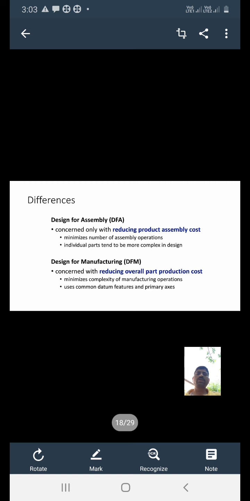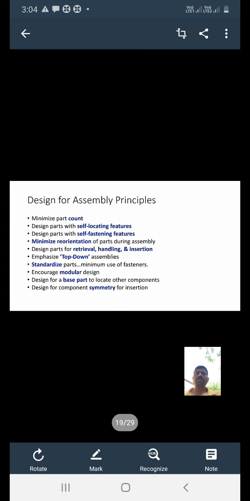If any operation is complex, then you can minimize the complexity with the help of different manufacturing processes, you can make it simple. And last is to use common datum features and primary axis. Datums, references, different symbols and primary axes are given, and with the help of that you can make it simple.